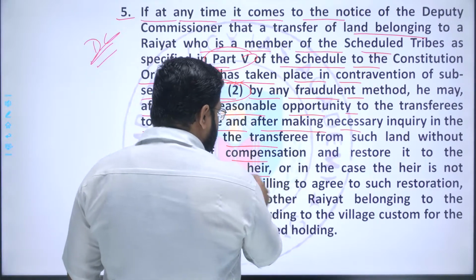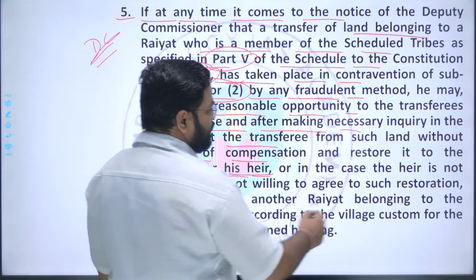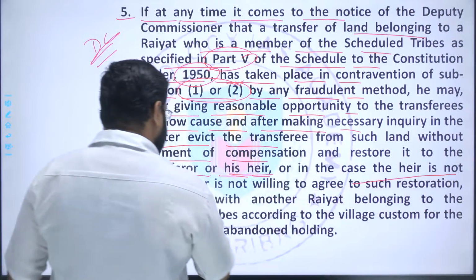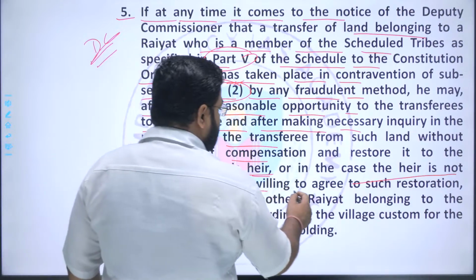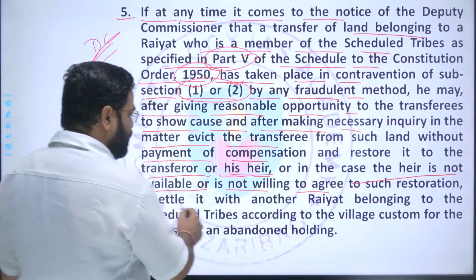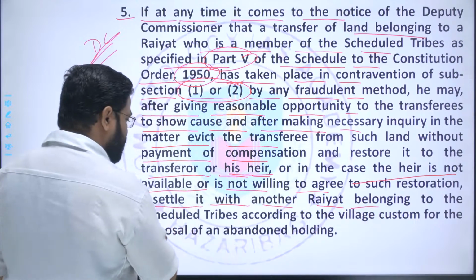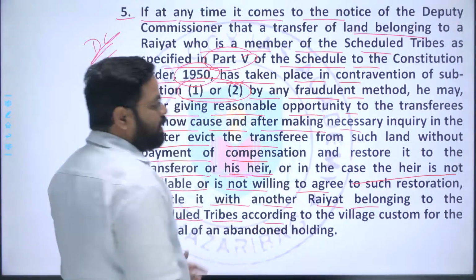And that land will be restored back to the transferor or his heir, or in case the heir is not willing to avail that restoration of land, then he will resettle it with another raiyat belonging to the scheduled tribe according to the village customs.